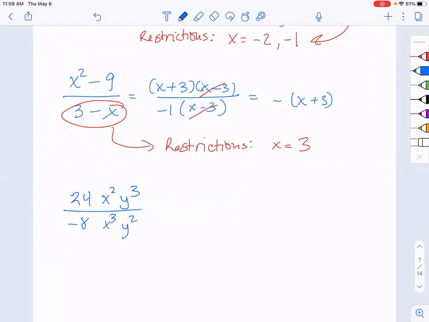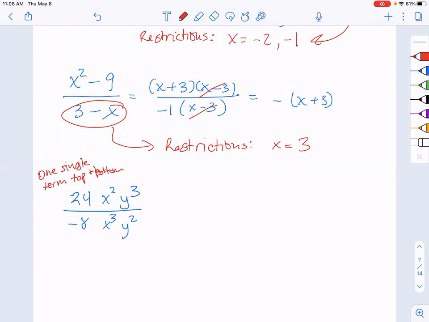This means 24 times x squared times y cubed. Everything's already a factor. So in some ways, it makes this problem easier than some of the ones we've just done. And so we can say this is one single term on top and bottom.